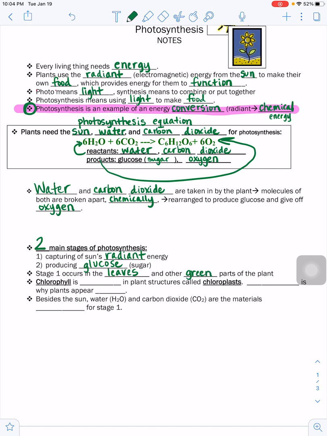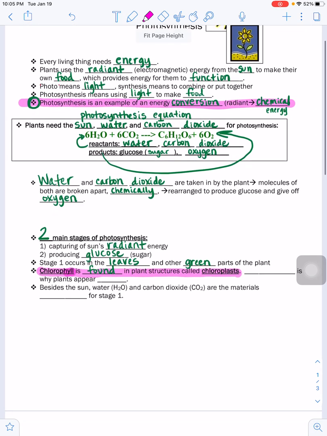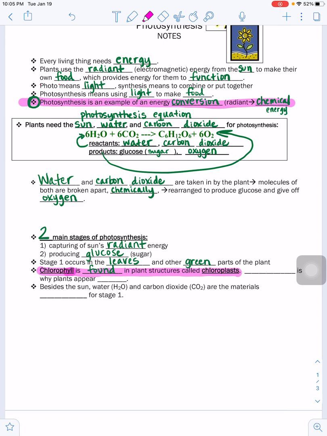Chlorophyll is found in plant structures called chloroplasts. I'm going to highlight that. Chlorophyll is found in plant structures called chloroplasts, which you know are part of plant cells from yesterday's notes.